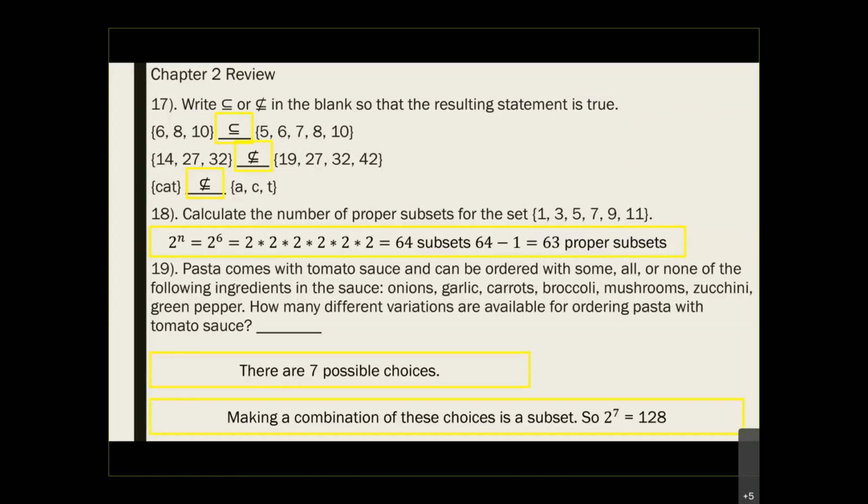It's the same as 2 raised to the 7th power, which will give you 128. Meaning there are 128 possible pastas with tomato sauce that you can order with garlic, onion, and so on and so forth. Okay, there are 128 different ways to order this.